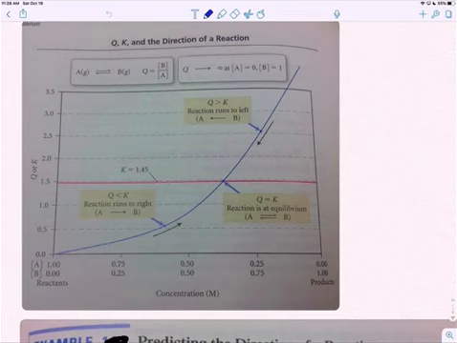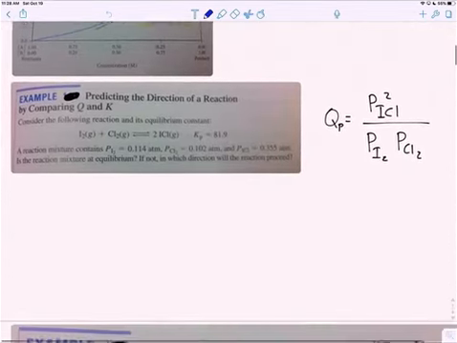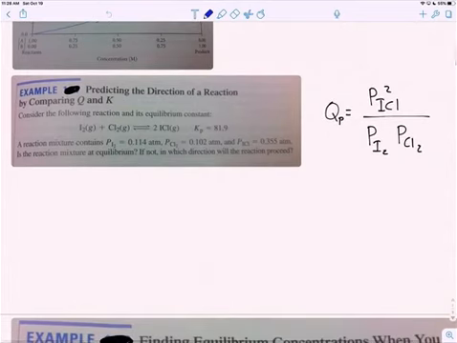So if the graphing helps you better, the y-axis is Q or K, the value of that, and the x-axis is the concentration of the products. Concentration of A on top, concentration of B on the bottom.